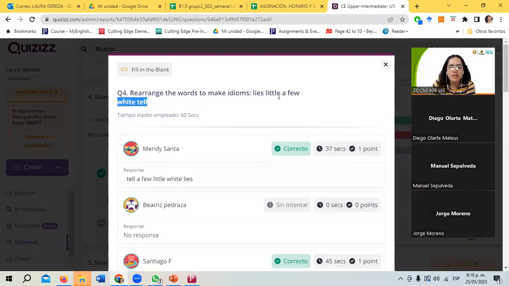Mentira blanca, literalmente, o una mentira piadosa. Yes, so a lie that doesn't affect anyone, that is a small lie, maybe. It doesn't affect anyone. This is called a white lie, okay? Mentira piadosa. So to tell a few little white lies, decir unas cuantas mentiras piadosas.